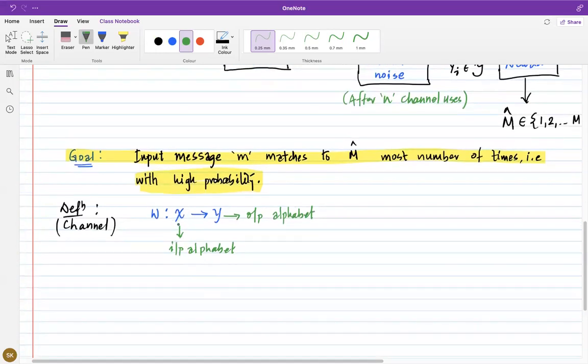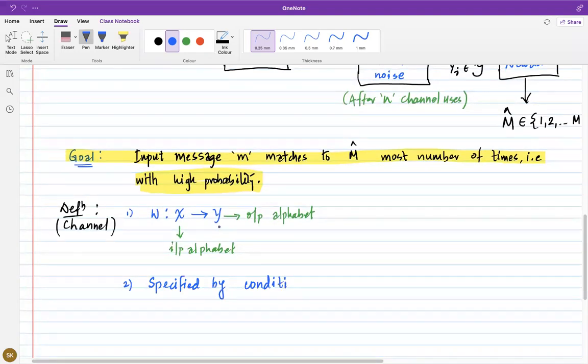For each input that you give from calligraphic X, you correspondingly get something from the range of this function, which is Y. Since the output is an arbitrary, random output, you model the output Y for a particular value of X to be a random variable. So this channel, which is nothing but a function, is specified by, point number one, and second point, a conditional distribution.